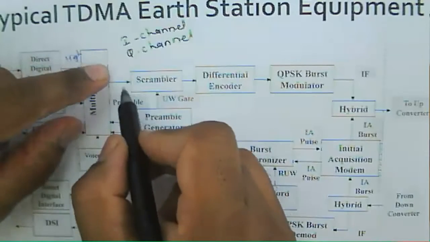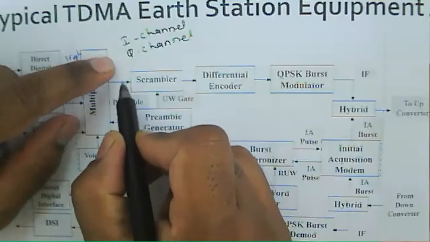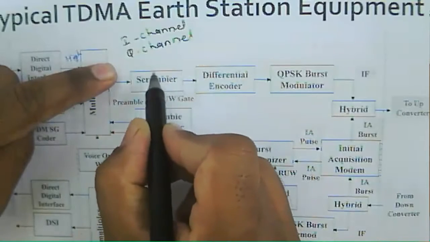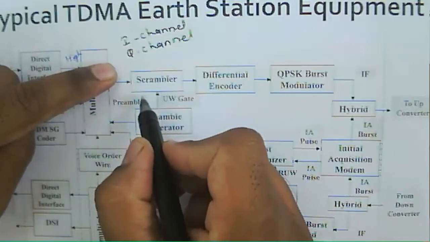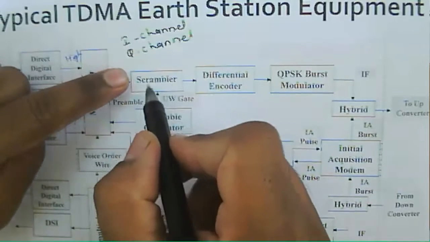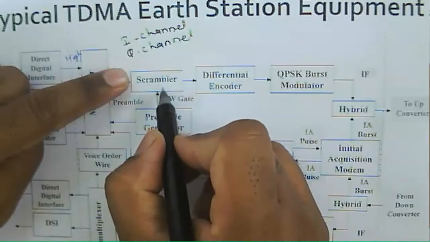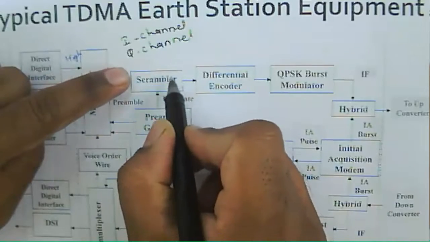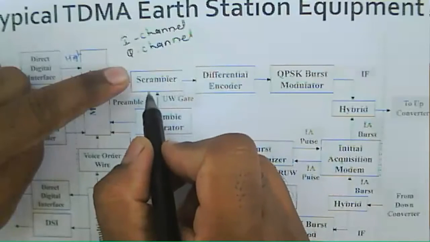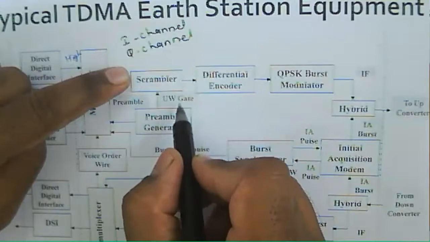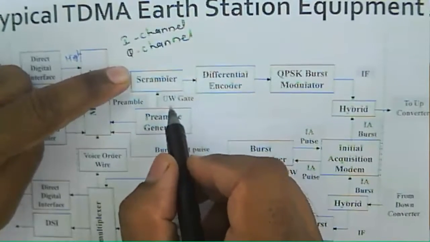This output of the multiplexer is applied to a scrambler, and that scrambler will randomize the bits in the data. For this scrambler, the unique word gate is an input.